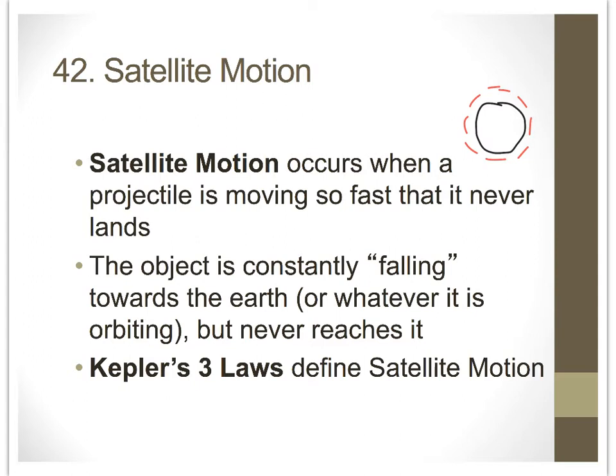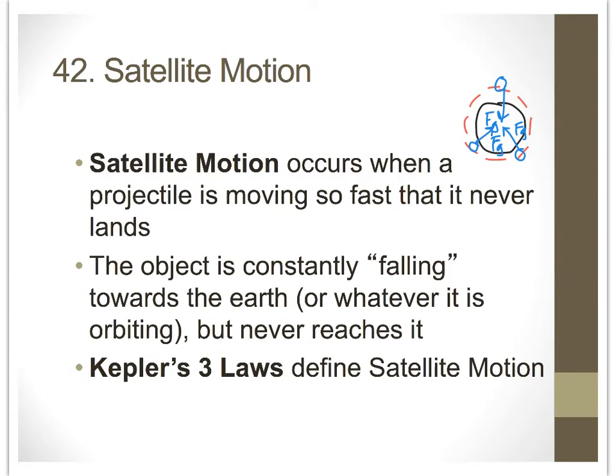It just never manages to reach the ground because its motion, tangential to the surface of the earth, is so great that it actually begins to orbit, okay? And so what we're ultimately left with is a situation that's a combination of free fall and circular motion. That's what orbit really is.